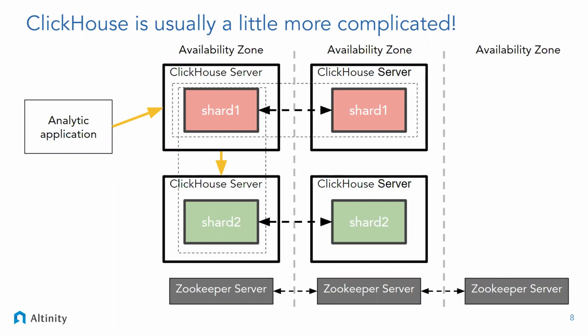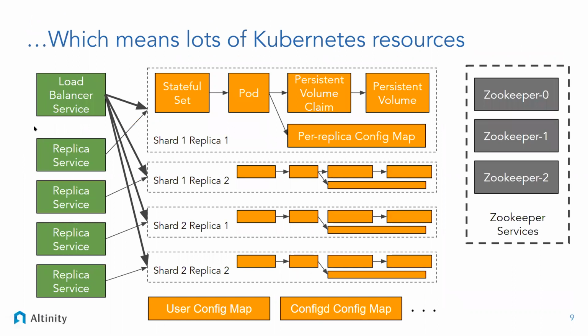Even here, this looks a little more complicated. Once you start mapping it to Kubernetes and building up using these resources that are very basic building blocks, it becomes much more complicated. So for example, you can see how we have the stateful sets, pods, persistent volume claims, persistent volumes, all these resources that define a ClickHouse server, perhaps with some additional processes to do things like backup or whatever.